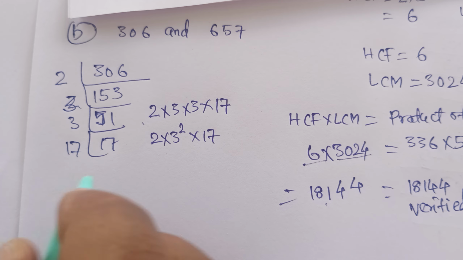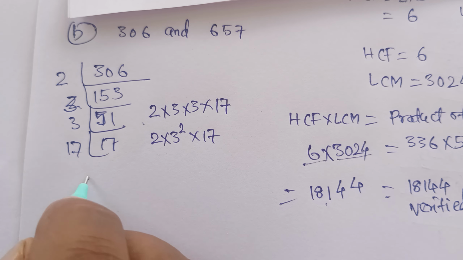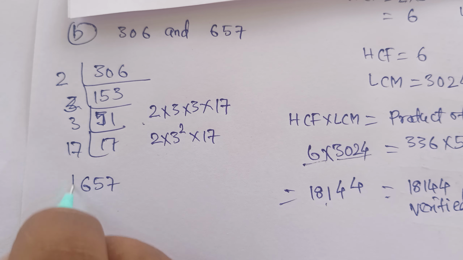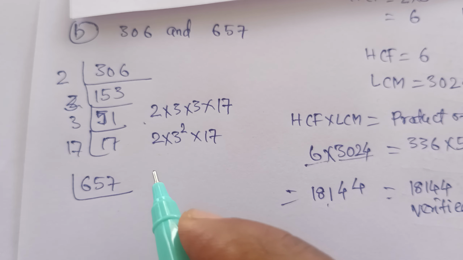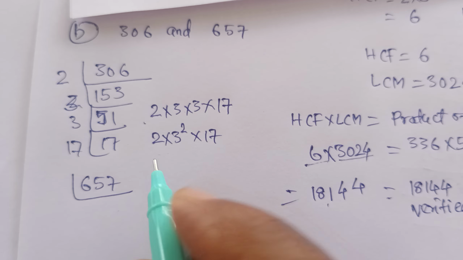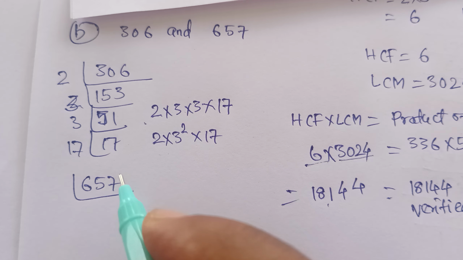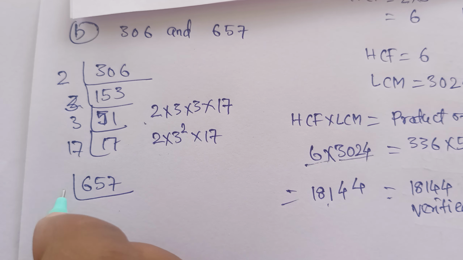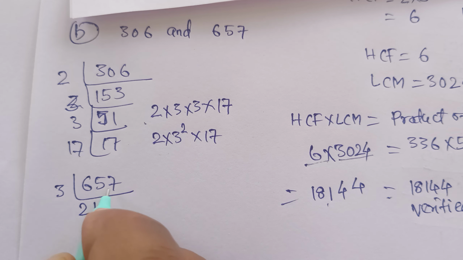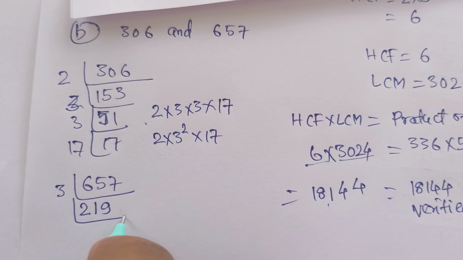Now come to 657. Which table can we start with? You see 7, so generally we can start with either the 7 or 3 table. So 3 2s are 6, 3 1s are 3, and 3 9s are 27. Correct.